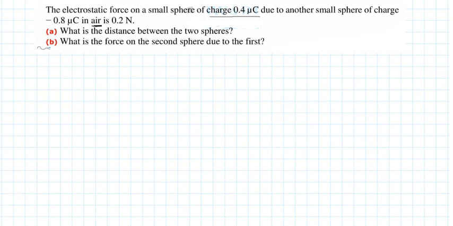So the statement is, here there is a sphere having a charge of 0.4 microcoulomb. So this will be 0.4 into 10 to the power minus 6 coulomb.